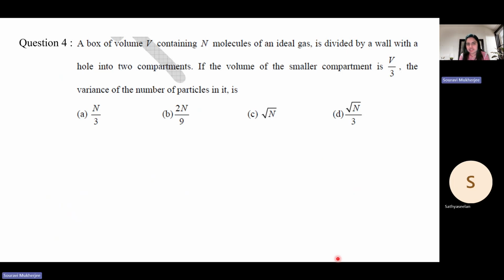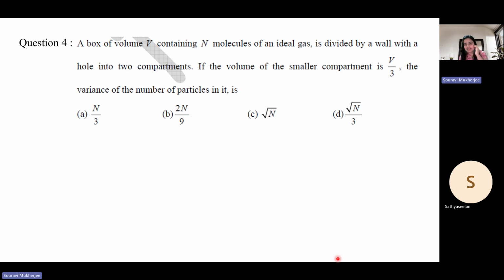So you had n number of molecules in a volume V. Now you are looking at a smaller compartment of that volume, where the volume is 1/3, right? So if you talk about one particle, initially for the particle to be there in the entire box of volume V was 1, right?